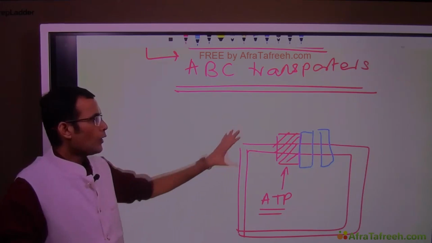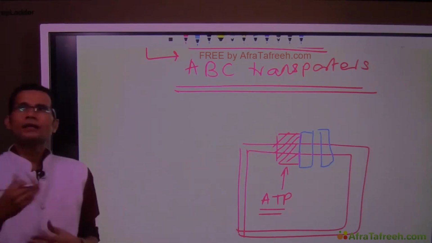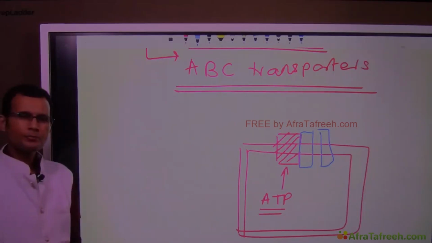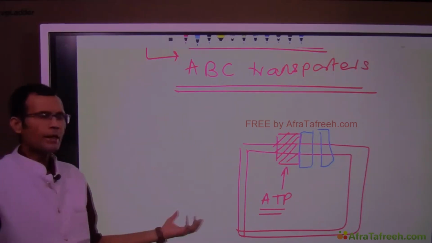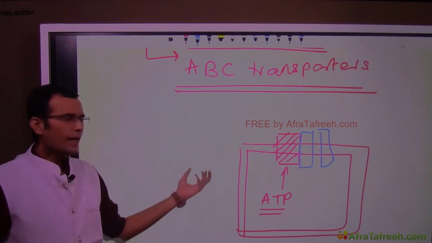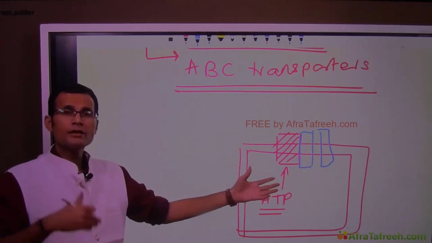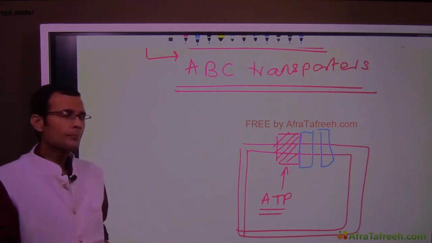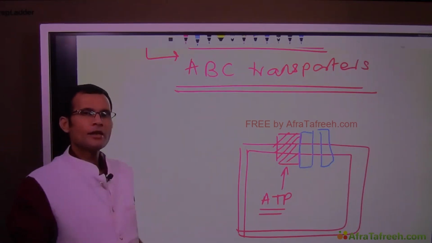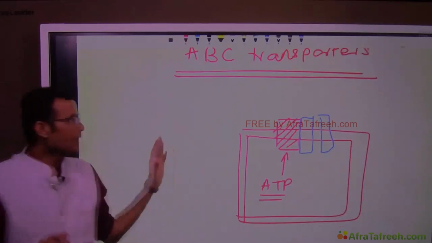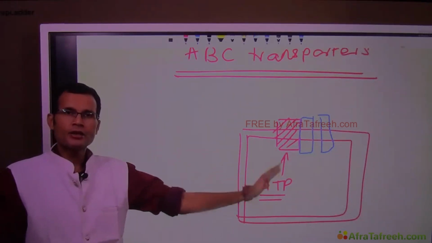Okay, so one part, it's like a cassette, cassette has A side, B side, something like that. One part has ATP binding domain, and once that happens, the other part will act like a channel or a carrier. We have seen one channel like that, ATP sensitive potassium channel. Well, so these are ATP binding cassette transporters.